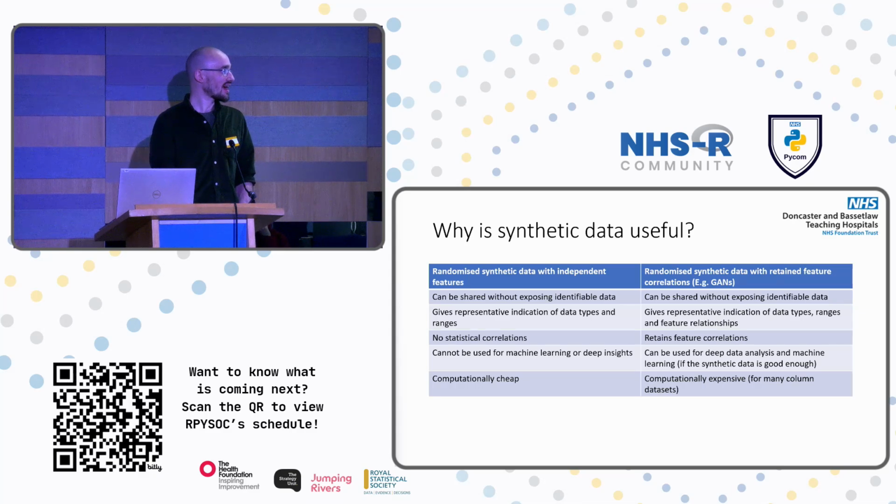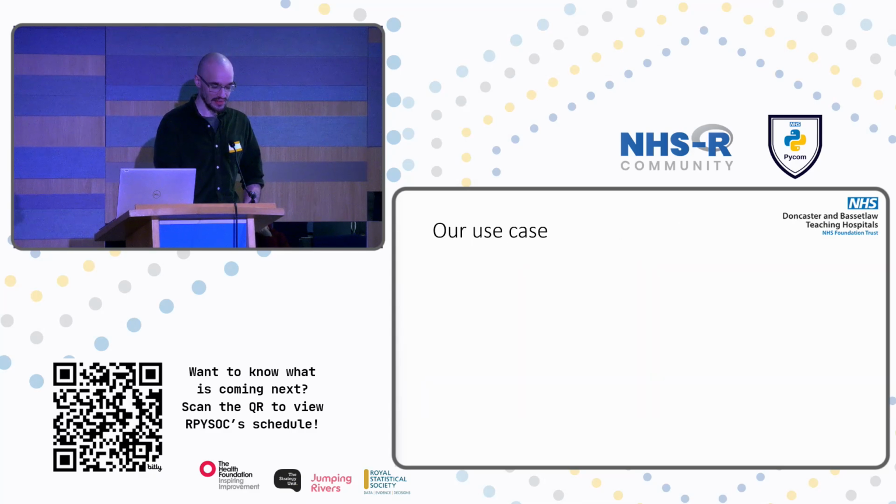As I just alluded to, the kind of case where synthetic data becomes extremely useful is when you want to share data. As we all know, there are an awful lot of rules around the data that you can and cannot share. It becomes very easy to share otherwise extremely sensitive data if what you're sharing is made up.